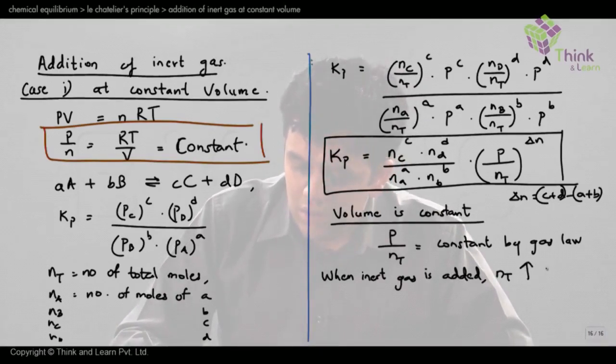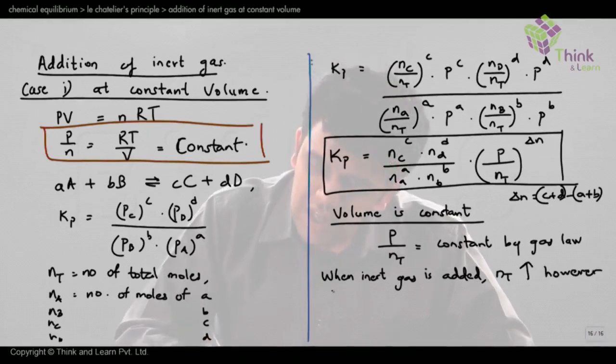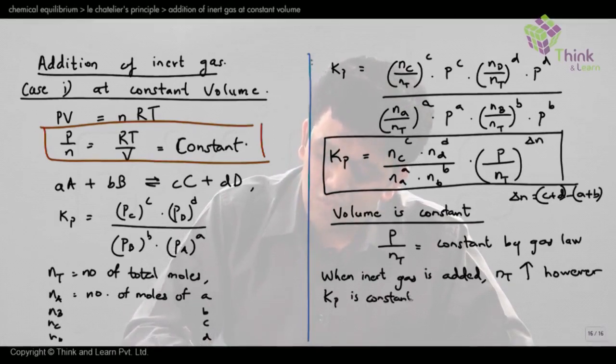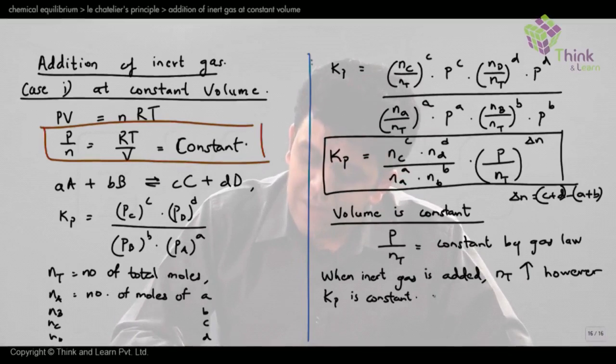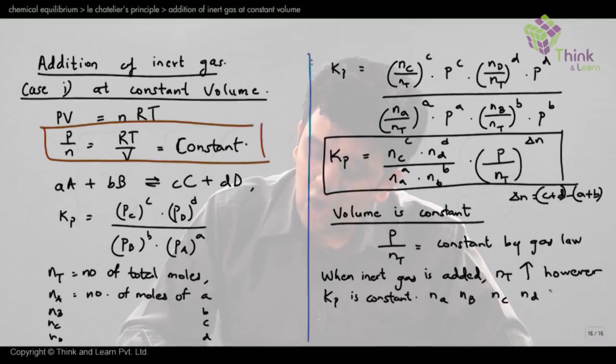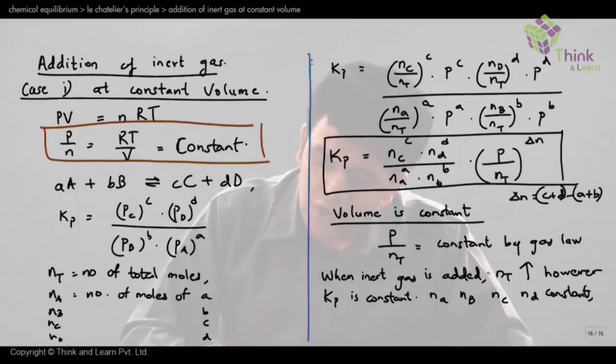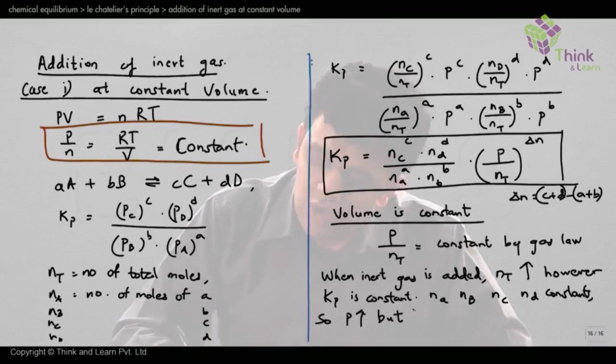However, Kp is constant at a given temperature. Given that other things are constant, Na, Nb, Nc, Nd are all constants, and Kp is also constant, so pressure will increase, but no impact on direction of reaction.